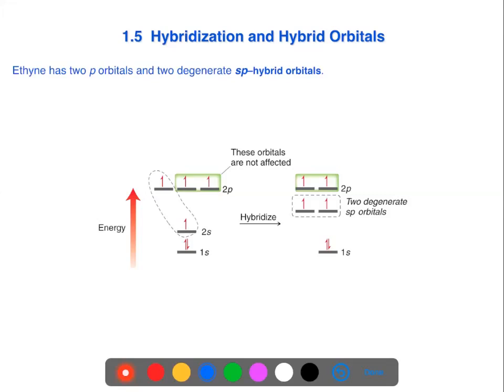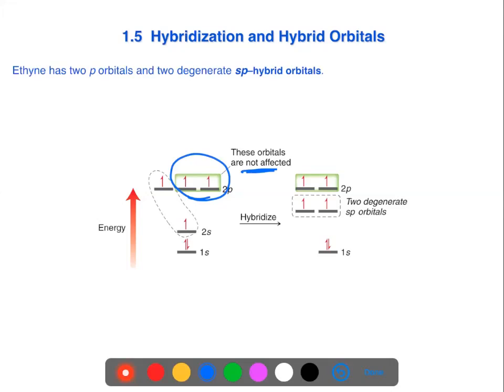So if there are 2 pi bonds formed to each carbon in ethyne, then we need to leave 2 of the p orbitals unmixed, because pi bonds are only going to form between original unmixed p orbitals, or pure p orbitals, orbitals that are not affected by the hybridization process.